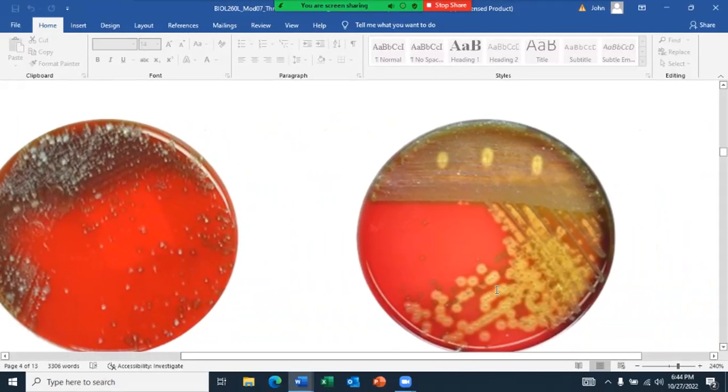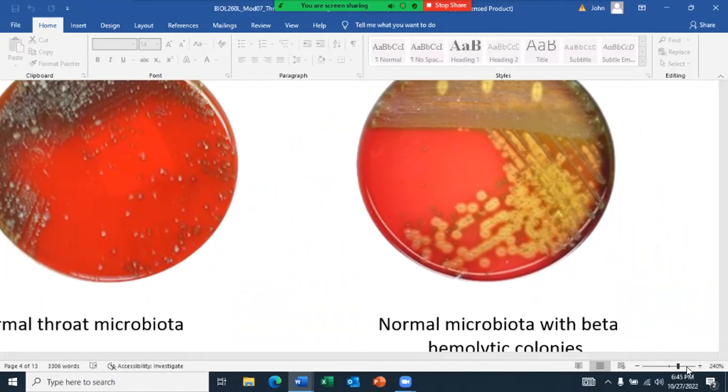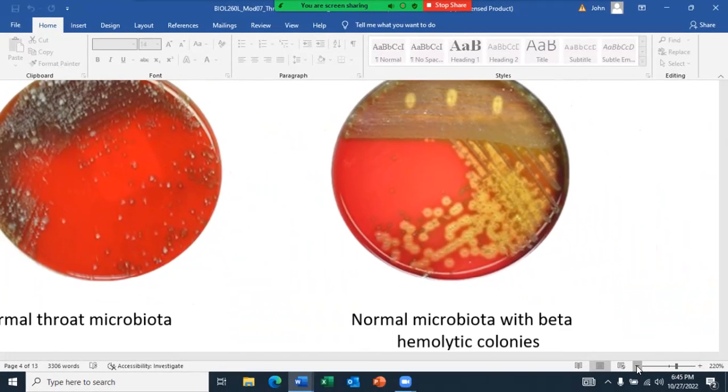This is the growth right there, if you can see that, and right there. This doesn't have any hemolysis around it, but these do, the white regions, that's beta hemolysis. So if we get that, we then run the catalase test. Shrink that down now.